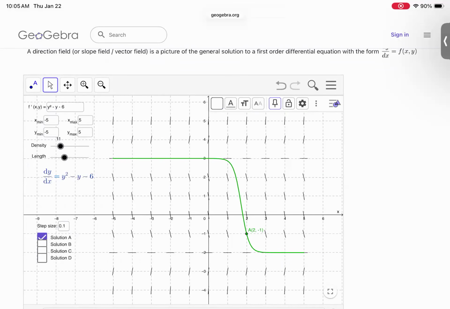Okay, actually -5 and 5, we can leave it as such. Let's find another one of these. So we can identify our long-term behavior. We have our points exactly as we found, -2 and 3. At -2, I see that this one is going towards it, this one is going towards it.